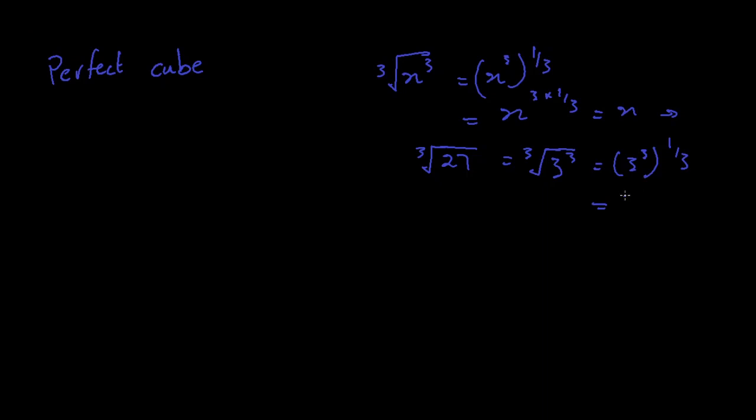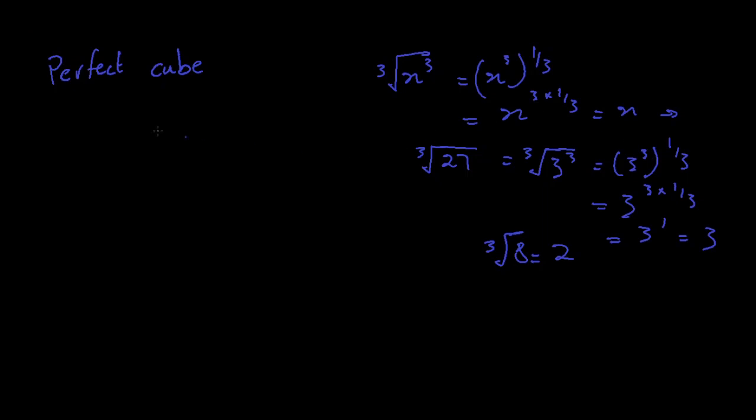Then this can be written as 3 to the power 1, which is equal to 3. Or you can just punch it into a calculator. It's still going to give you 3. Same here, cube root of 8, punch it in a calculator, it's going to give you 2. So the terms involved should be a perfect cube.